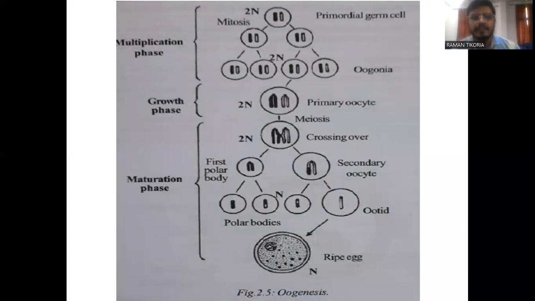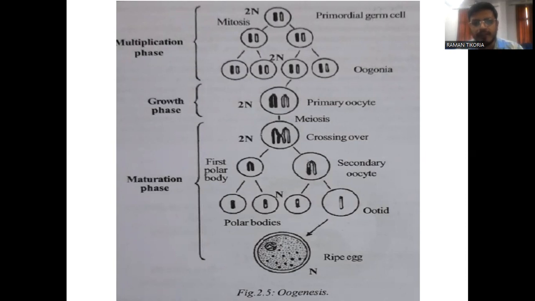After that, the second phase is the growth phase, in which growth takes place, an increase in size. In the third phase, maturation takes place, crossing over is there, and reductional division is there. One cell divides into 4 and 4 into 16.